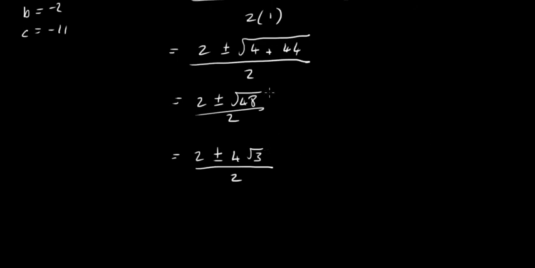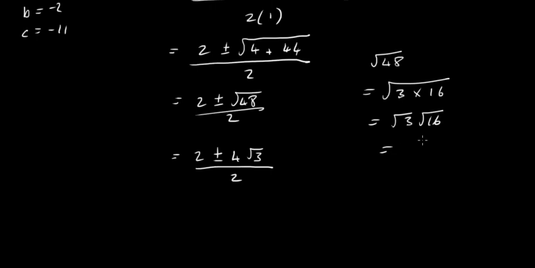Now the other way of doing that, of course, is the square root of 48 is just the square root of 3 times 16. So that will give me the square root of 3 times the square root of 16, and the square root of 16 is 4, so that's just 4 root 3. So that's another way of doing it if you want to do it manually.